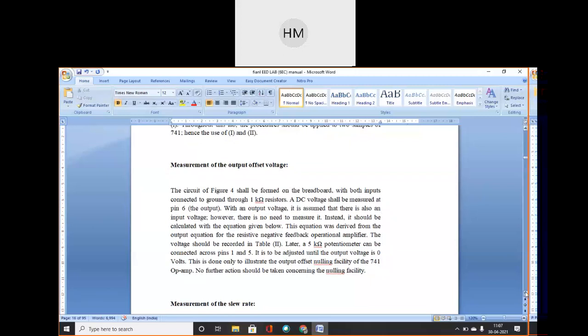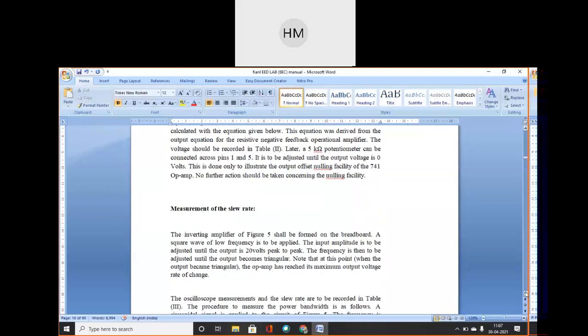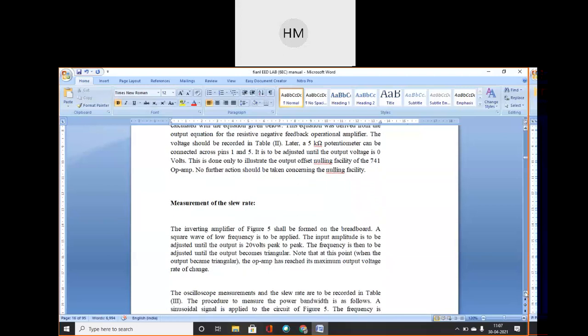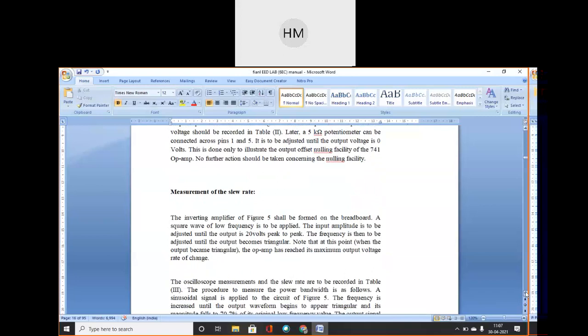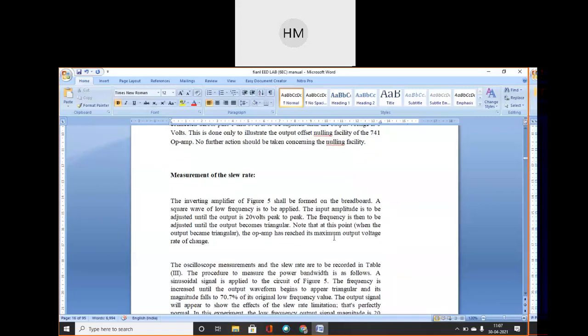Then measurement of slew rate. A square wave of low frequency is applied. This I have told you. The input amplitude is to be adjusted until the output is 20 volts peak to peak. The frequency is then to be adjusted until the output becomes triangular.